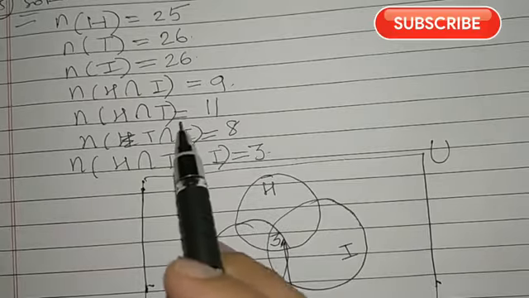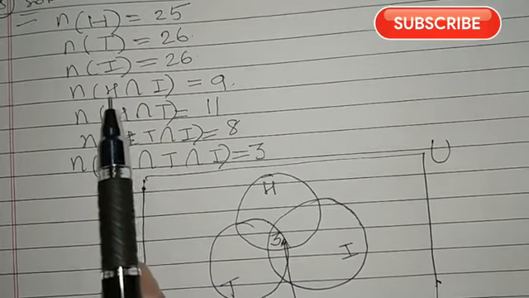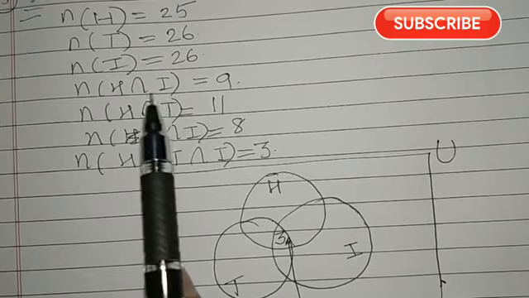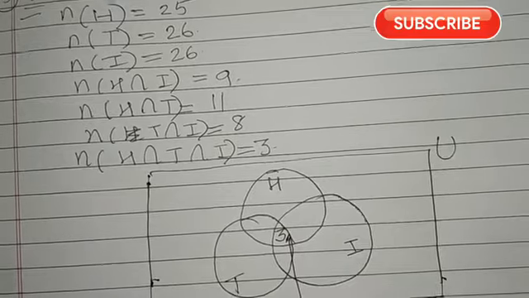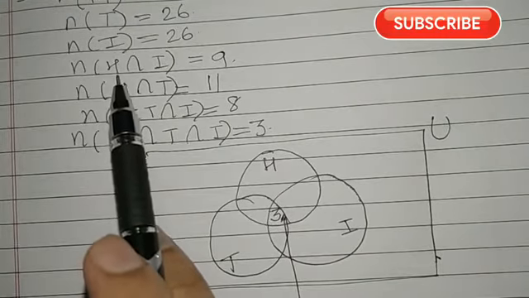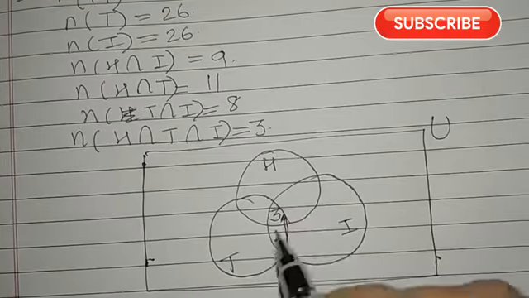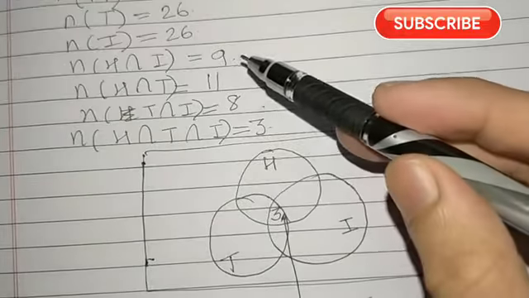Now you go to the number of people in the intersection of 2 sets. First, the number of people in H intersection I is given to be 9.